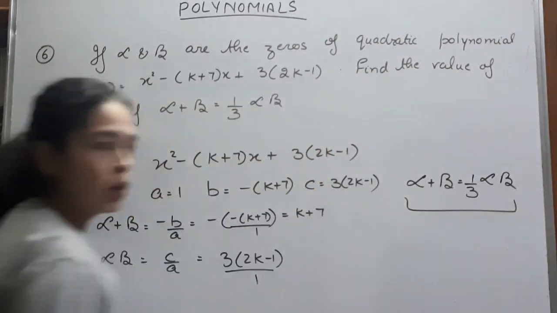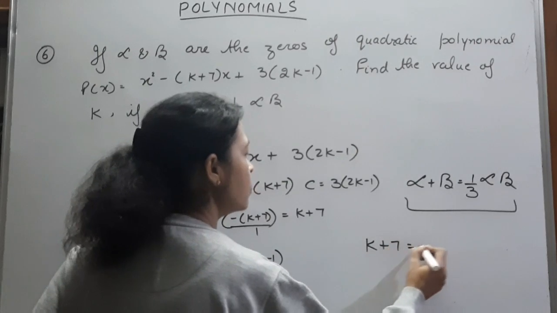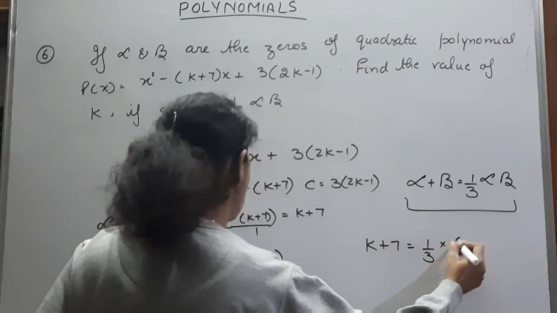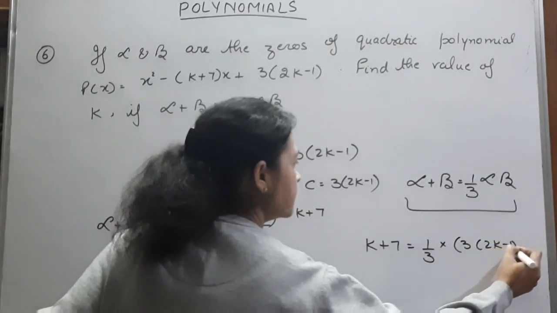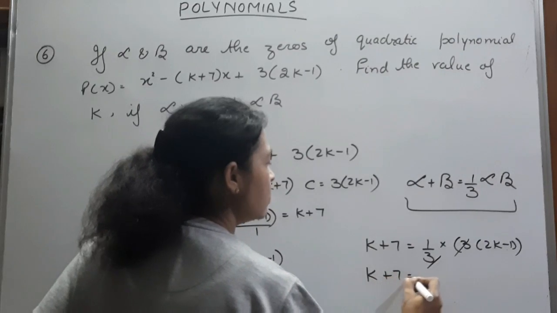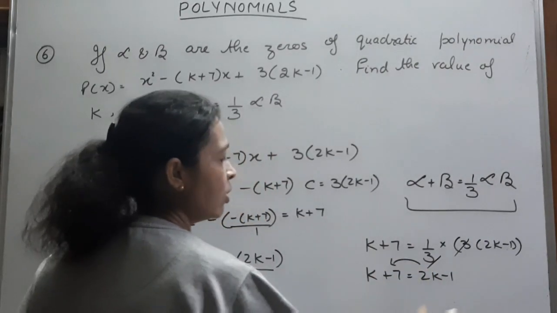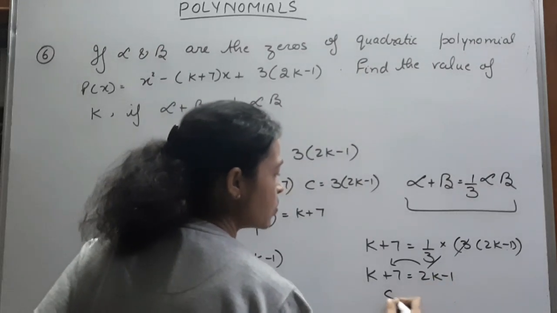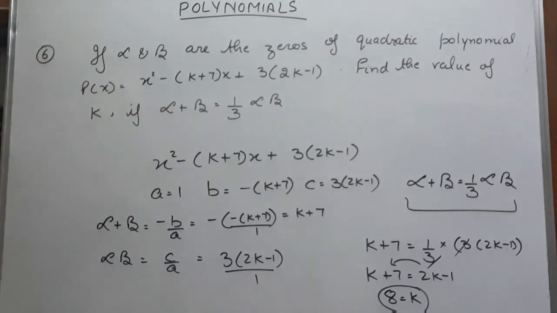Alpha plus beta equals 1 upon 3 times alpha beta. k plus 7 equals 1 upon 3 into 3 times (2k minus 1). 3 and 3 get cancelled. k plus 7 equals 2k minus 1. 1 on the left hand side and k on the right hand side. 7 plus 1, 8 is equal to k. This is the value of k.